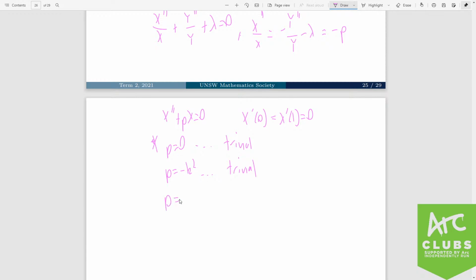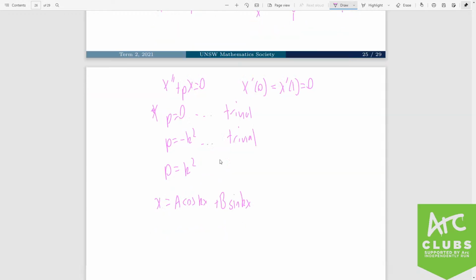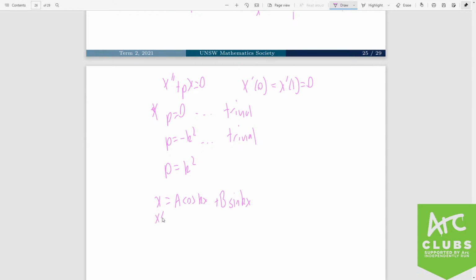So our final case, p equals k squared, we have X equals a cos kx plus b sin kx. And then we solve our boundary conditions. First X' equals minus ka sin kx plus kb cos kx. When we plug in 0, the first term becomes 0, and cos of 0 is 1, so kb equals 0, then b equals 0.